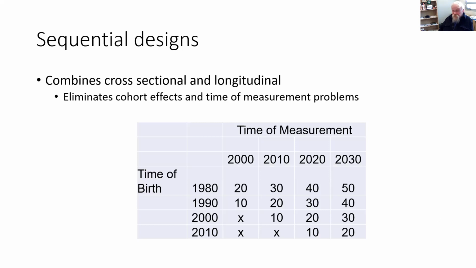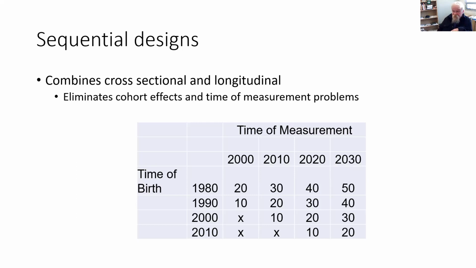So if you look at the chart that I made here, maybe a person was born in 1980 and then we test them the first time in the year 2000 and they're 20 years old, right? And then we test them again in 2010 and they're 30 years old, etc. You can see right here in the table how that works.